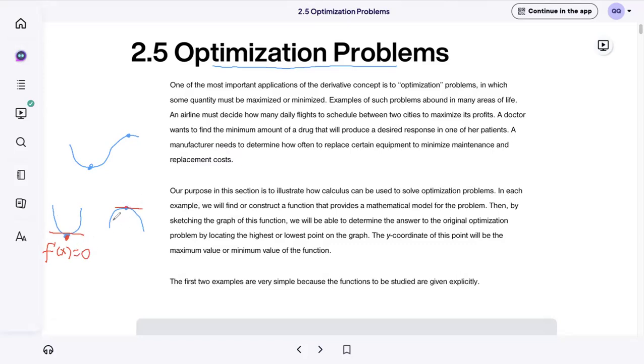We're going to use it for both cases. So the derivative of the function at such an x value equals 0, and we're going to use that concept in life applications.